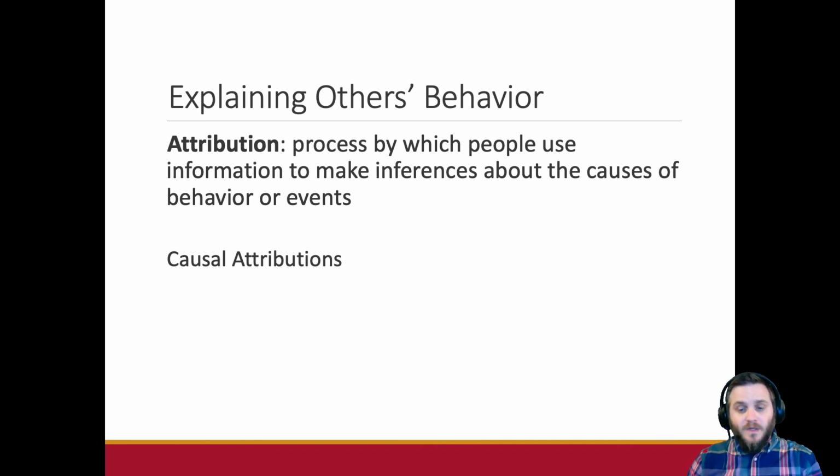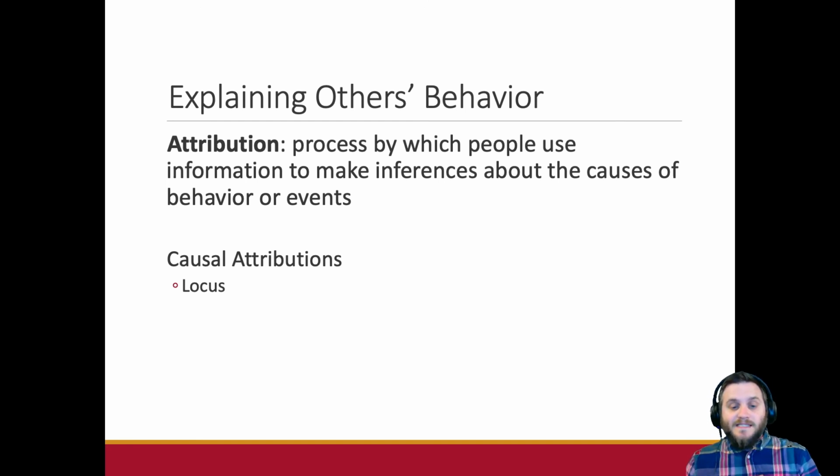So how we're going to look at these is what's called causal attribution. That's the reason for the person thinking and behaving in that way. There are two important dimensions for causal attributions. The first one is the locus of the cause. So where does it originate? There are two levels to the locus.